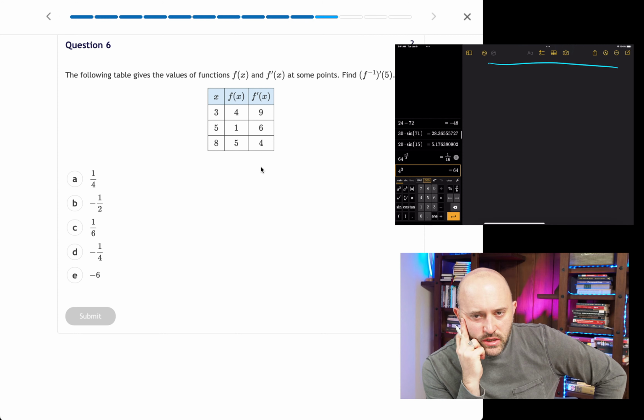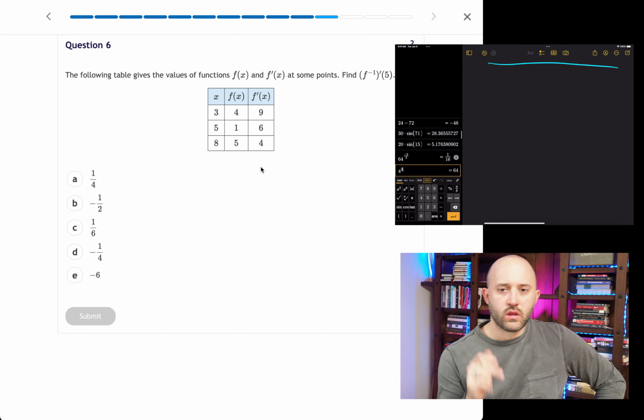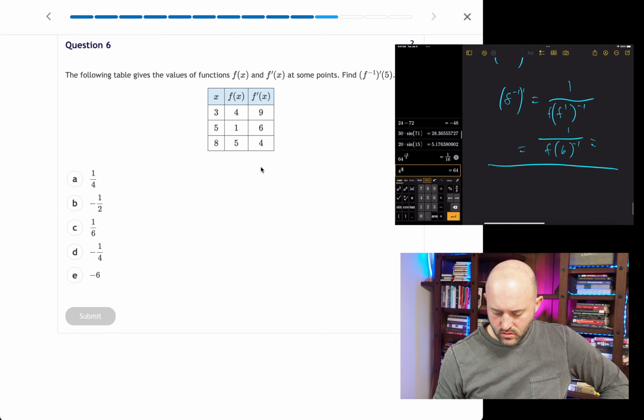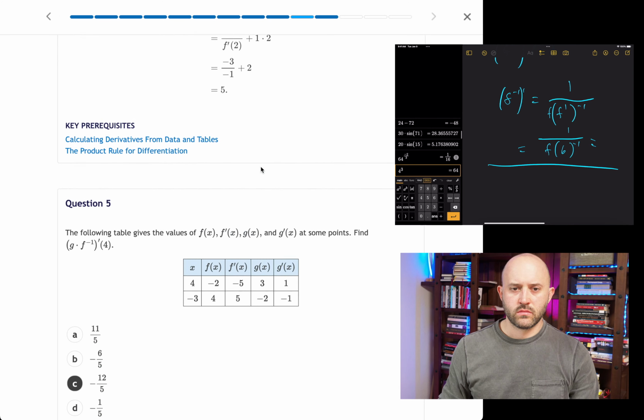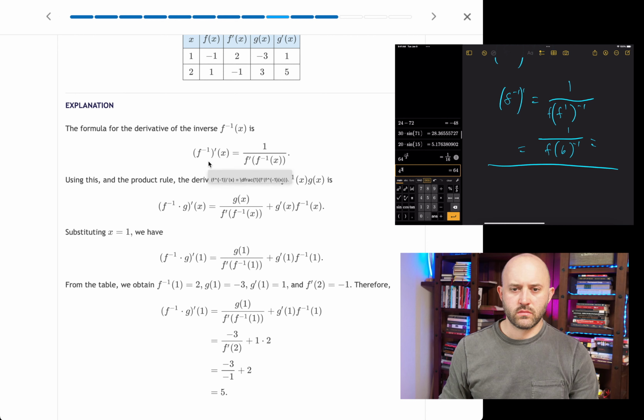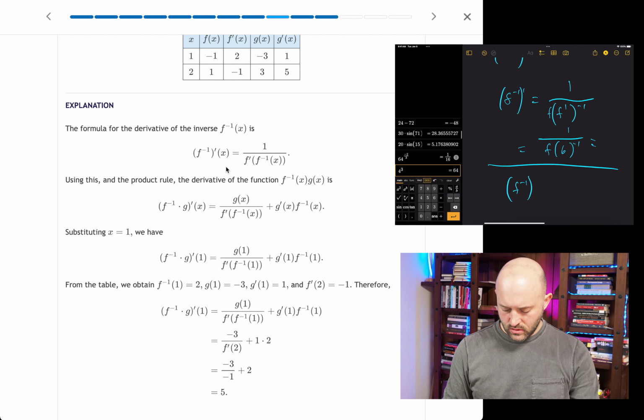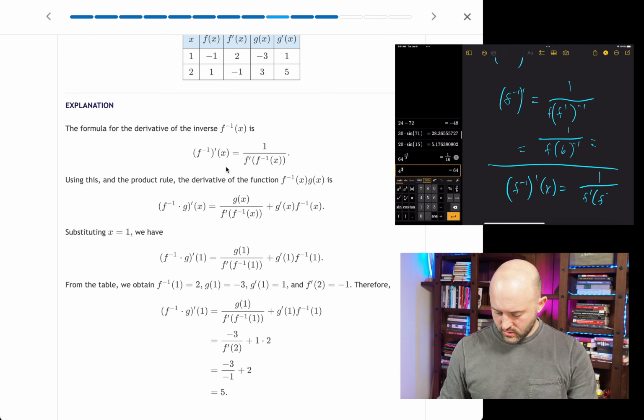If f of the inverse f derivative... f minus 1 prime of x is equal to 1 over f prime of f inverse of x.